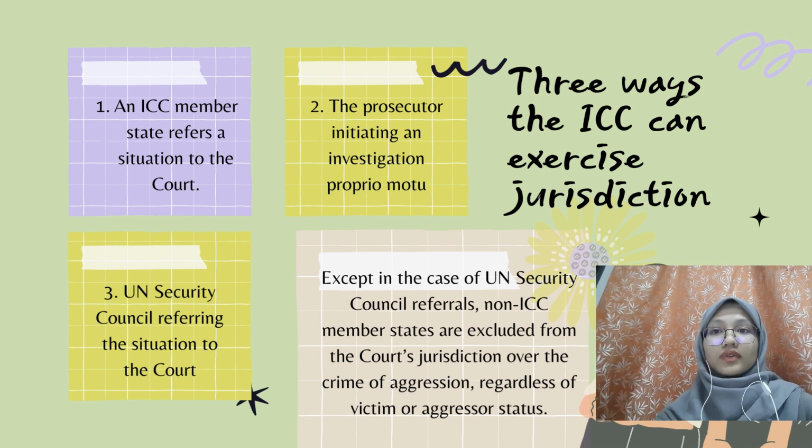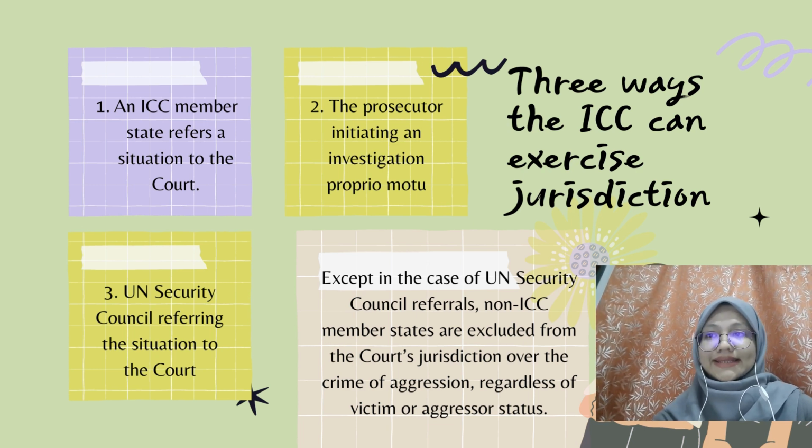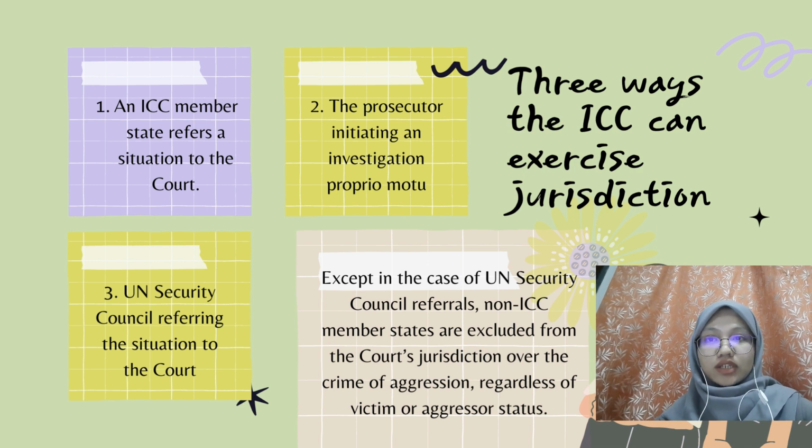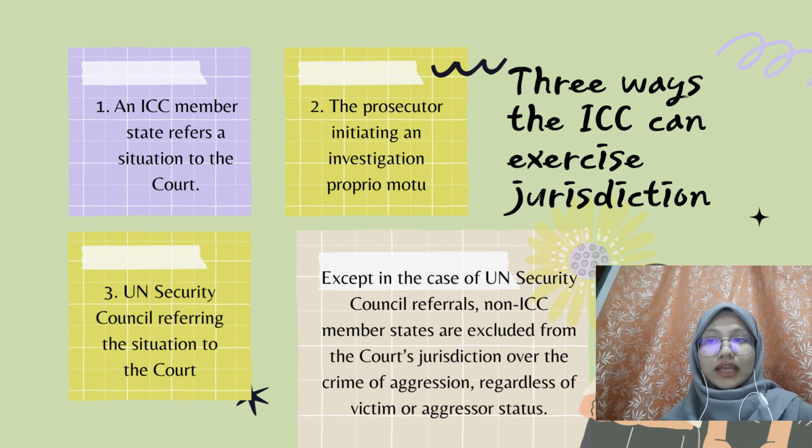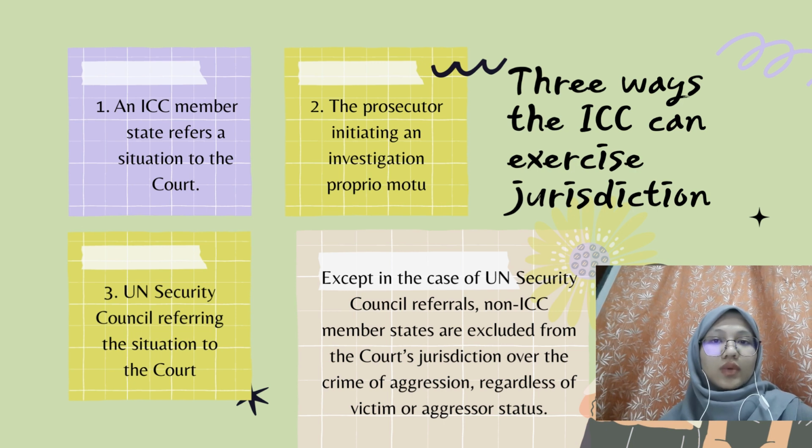The court may exercise jurisdiction over crimes either by, first, an ICC member state referring a situation to the court. Second, the prosecutor initiating an investigation proprio motu, meaning on one's own initiative.